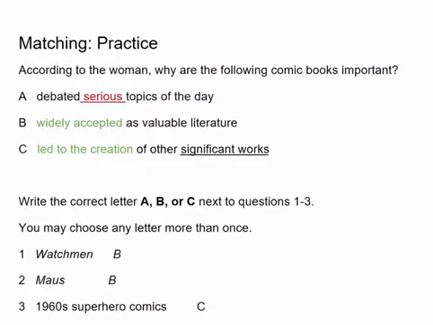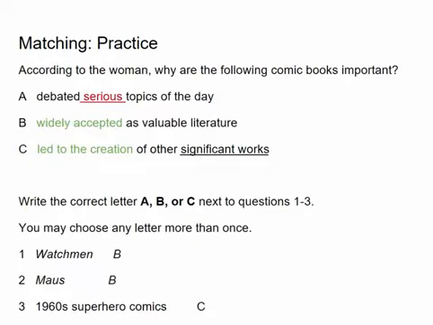There's no discussion about why these books are important due to their coverage of difficult or debatable topics at all. What they're described as is being important literary works by the woman, and the male professor is trying to be convinced that that's true based on what the student is saying.